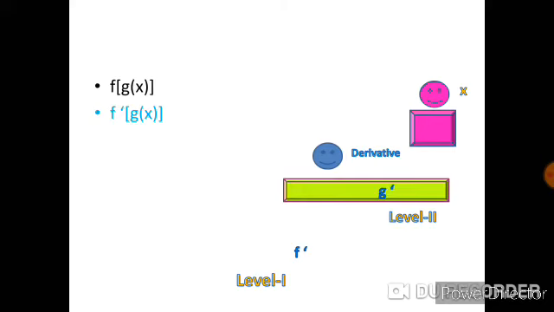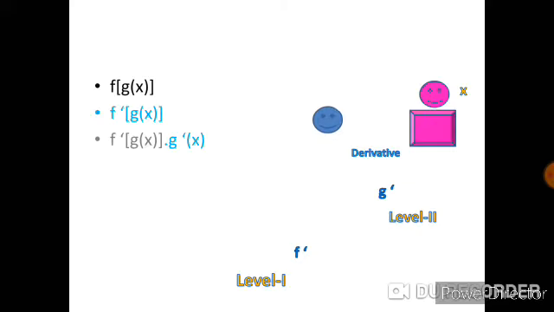But at the same time, there is no effect on x, x is as it is. So the first part is as it is, f dash, with g of x unchanged inside. And now at the second level, our score is increased by g dash of x, because x is as it is.